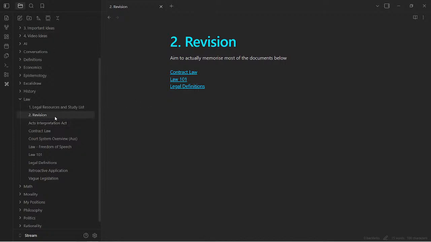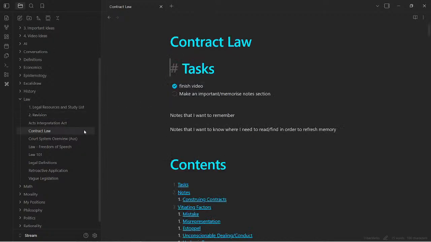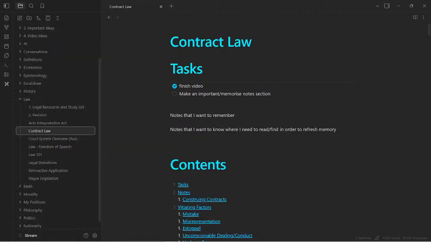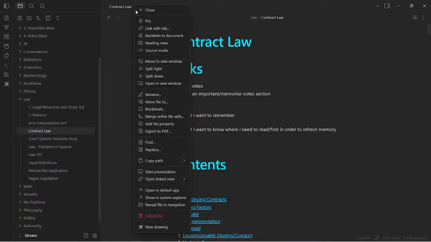Document. So if I go to contract law, and I wonder if it'll take a markdown. No, of course it won't. Okay. But it will take a PDF.